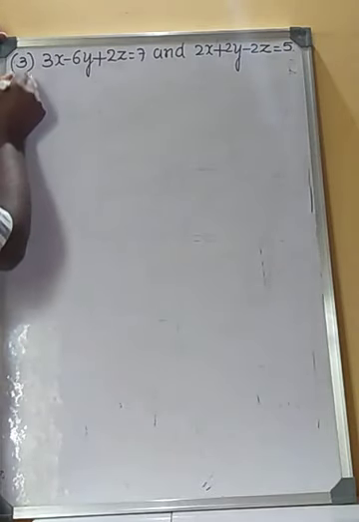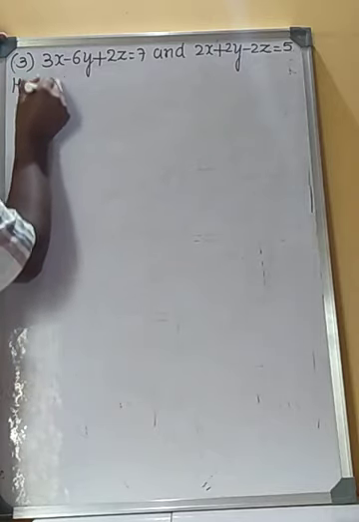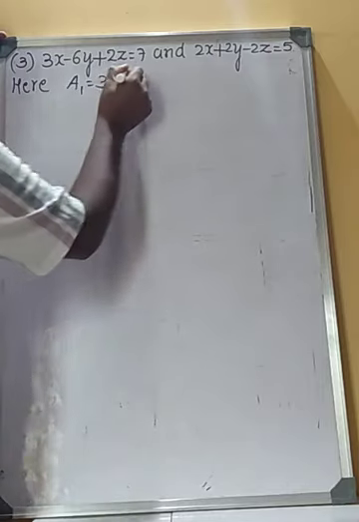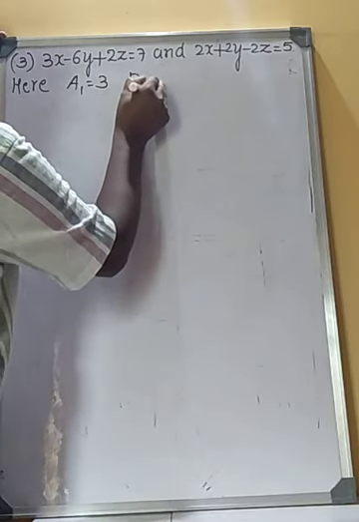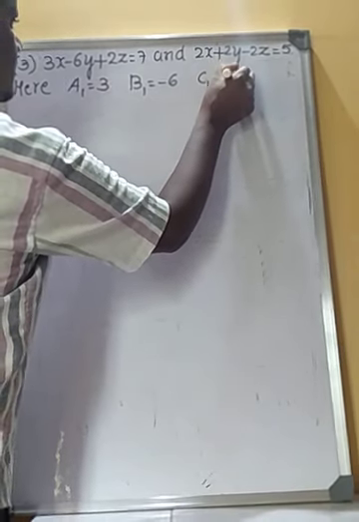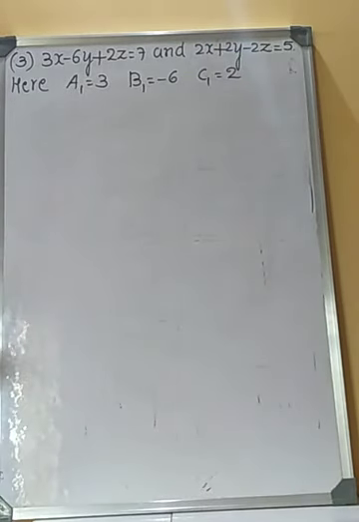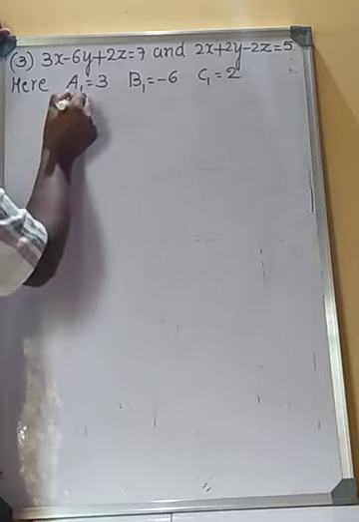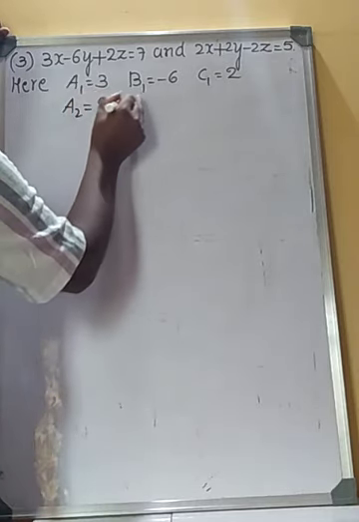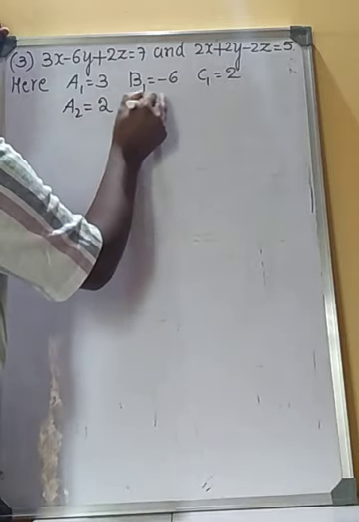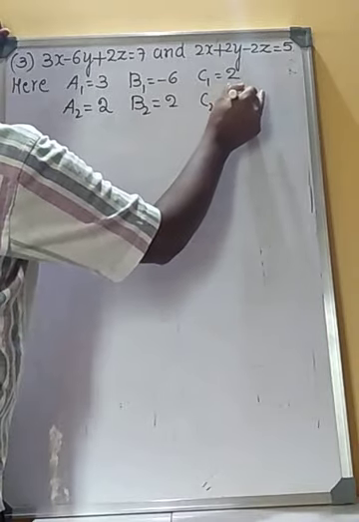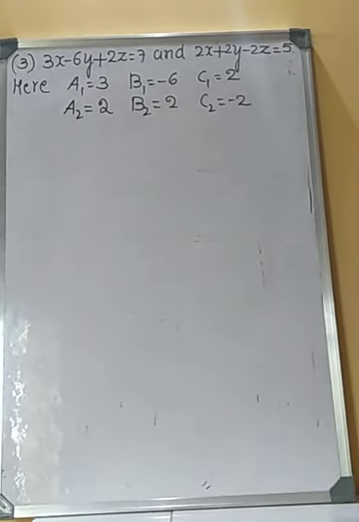Here A1 is equal to 3, B1 equal to minus 6, C1 is equal to 2, A2 is equal to 2, B2 is equal to 2 and C2 is equal to minus 2.